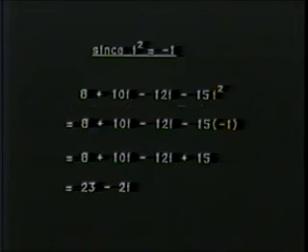Surprise! i squared, remember, is exactly the same as negative 1. That's how we defined it in the first place. So, negative 15i squared is negative 15 times negative 1, or plain old positive 15. Add like terms, and we have 23 minus 2i, a complex number.